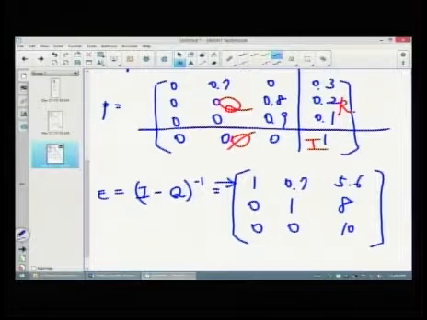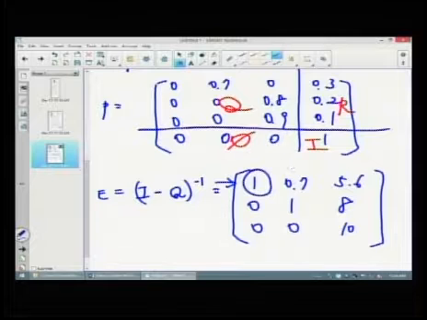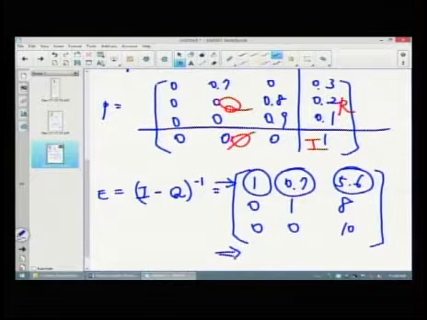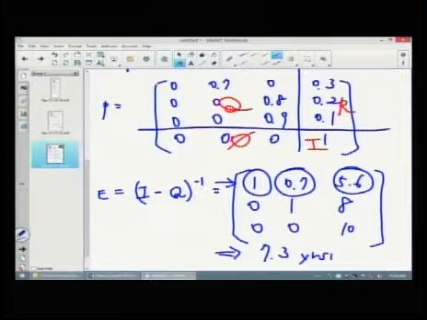The expected number of years that the person remains a subscriber. How did you get it? 1 plus 0.7 plus 5.6. How much is that? 7.3 years. That's my answer. Is that right? Make sense?